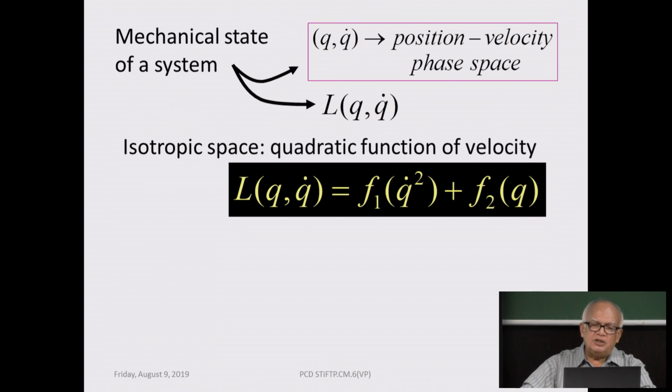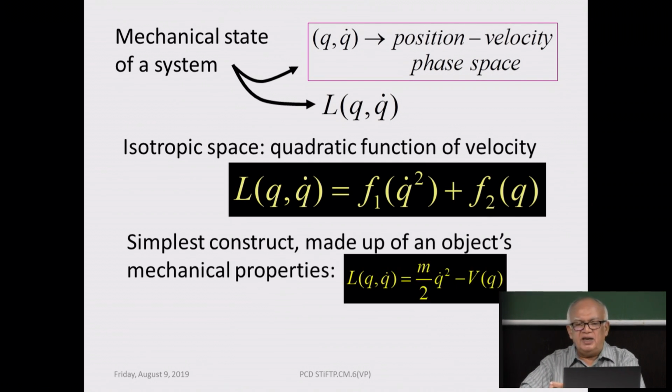So you look for a function which depends quadratically on velocity. So you express the Lagrangian as a function of velocity squared and a function of position, and the simplest functions in mechanics that you can construct will be T minus V. Why should you have a minus sign there, and why do you have an m over 2, is a question which you can naturally ask. This question will be answered a little bit later, but now we should be able to appreciate why you express it in terms of the kinetic energy and the potential energy.